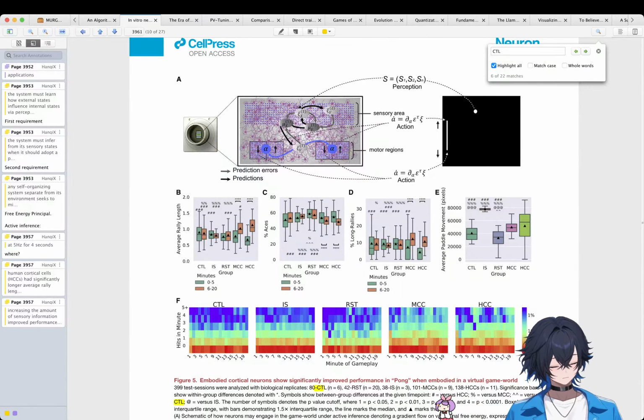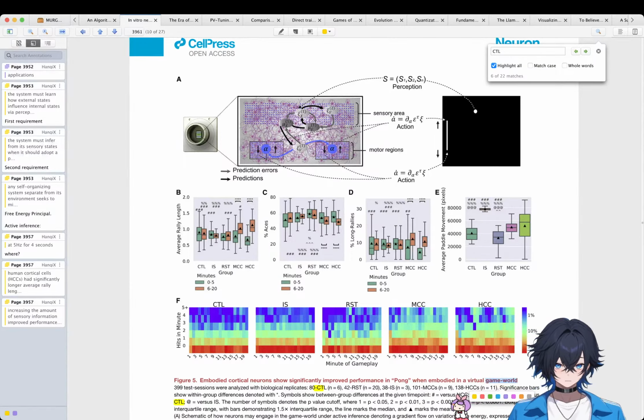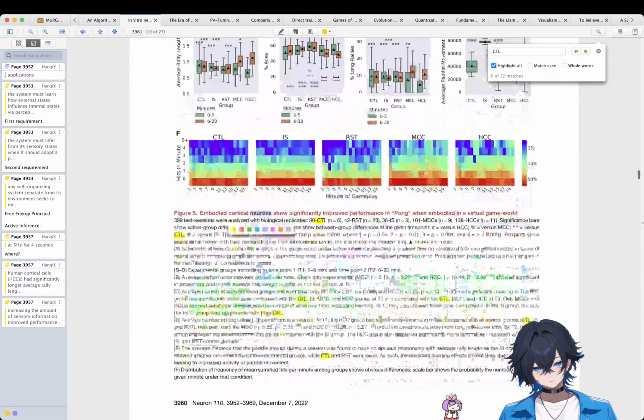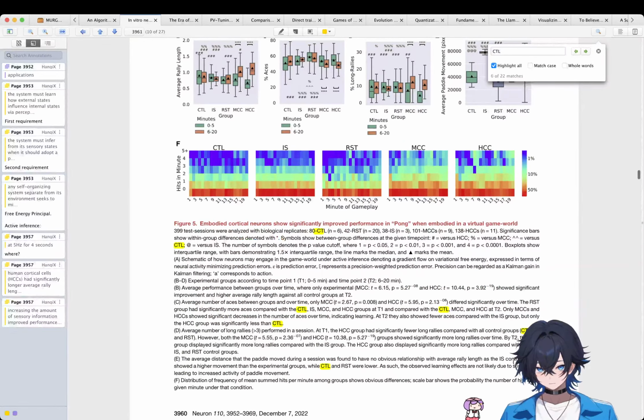Okay, I mean, you get a bit higher, maybe. Just marginally a bit higher. Okay. What is this? Percent axis. What is this? ACEs.